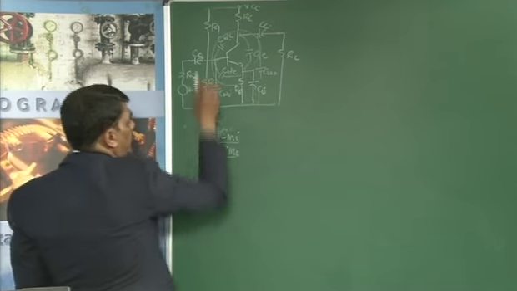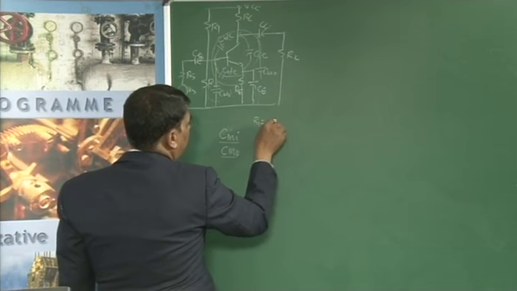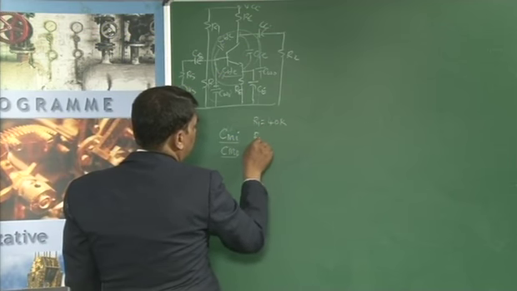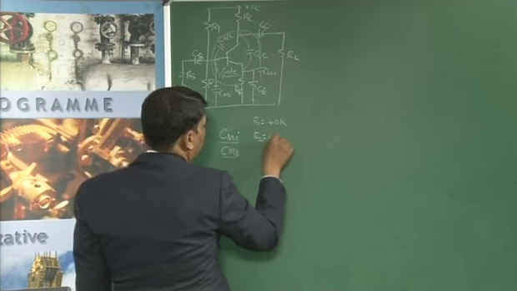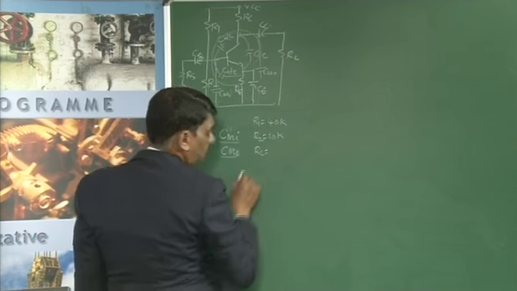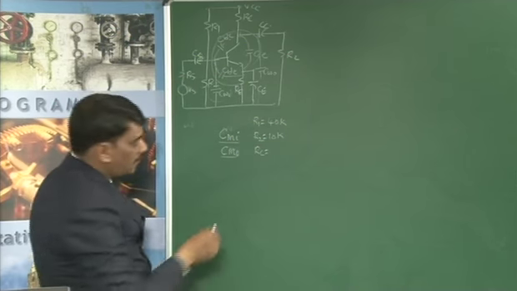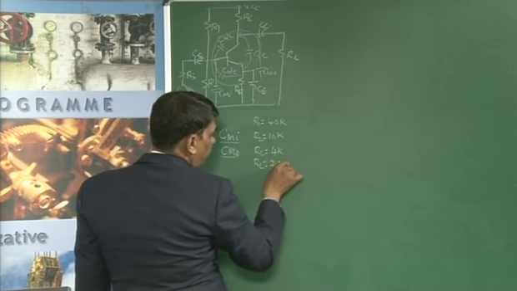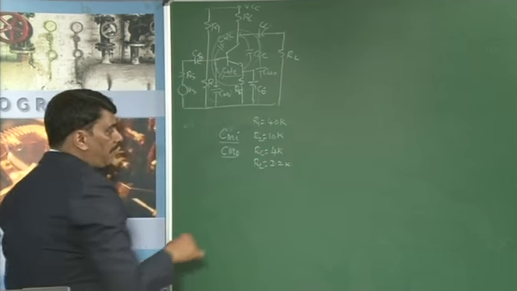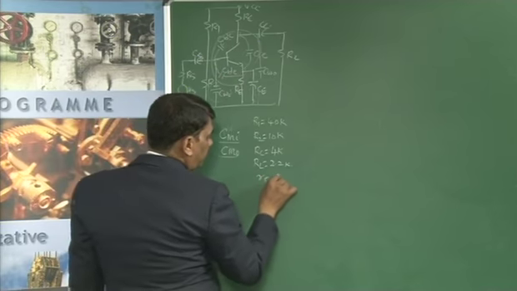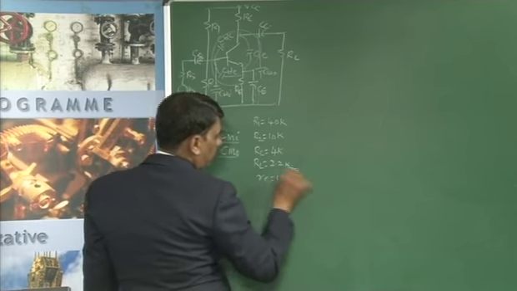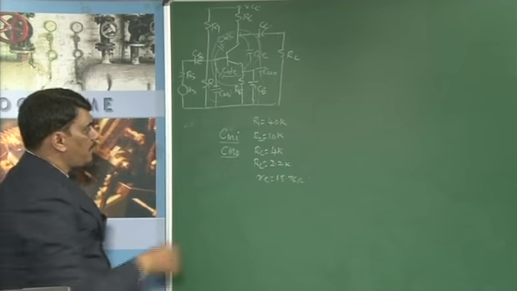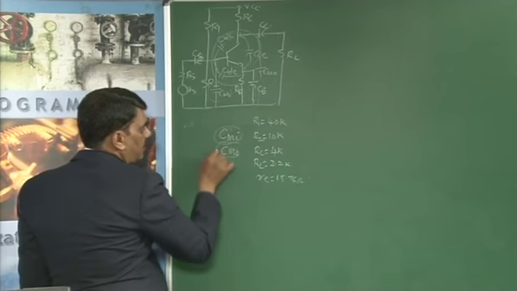In the previous case, we have taken R1 equal to 40 kilo ohm, R2 equal to 10 kilo ohm, RC equal to 4K, and RL equal to 2.2K. And we found that r_e is about 15.76 ohms. Then what is the effect of C_MI and C_M0 at the output circuit?